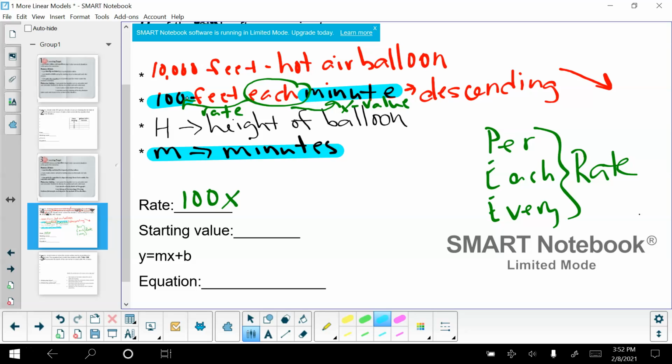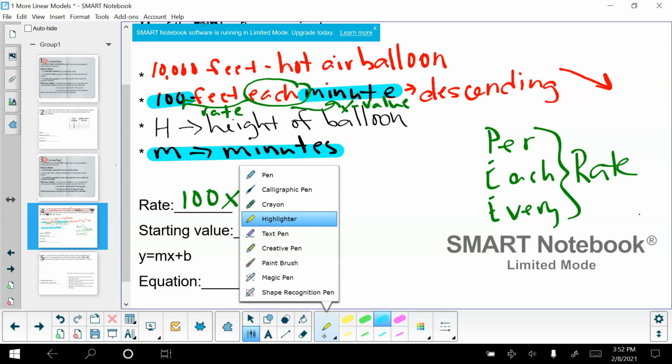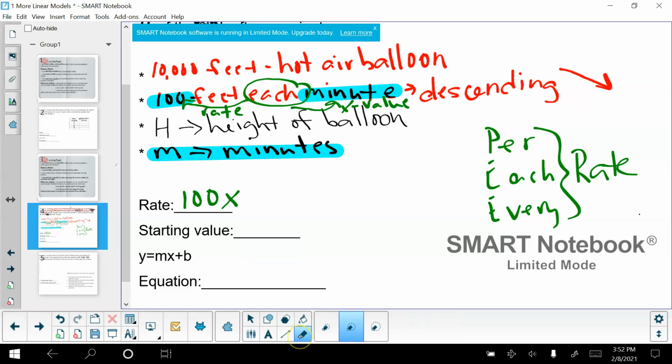Now, since the 100 is the rate, it goes with the X. But since they want us to use M for minutes, and I now know that minutes goes with the 100, I'm just going to come back and change this and put an M there, to indicate that that's the variable I want to use, M for minutes.